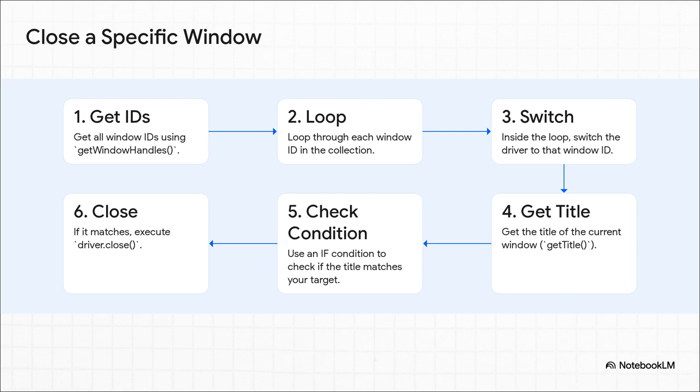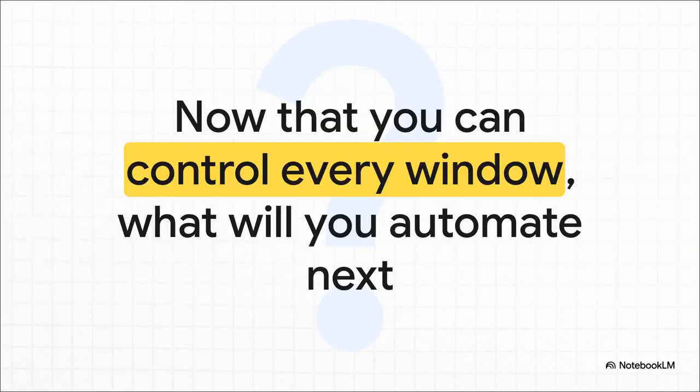If you find a match, bam, you execute driver.close, and your job is done. So there you have it, the complete toolkit for browser control. You can navigate through history, you know the real difference between get and navigate, and you can master multiple windows with total precision. The only question left is, now that you can control every window, what complex user journey are you going to automate next?